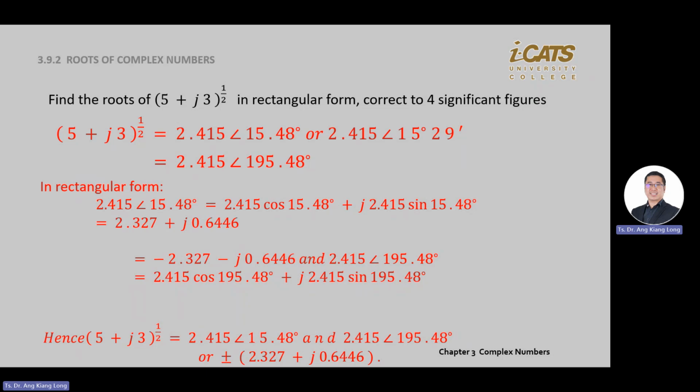So tangent theta equal to 3 over 5. So theta equal to tangent inverse of 3 over 5. So tangent inverse of 3 over 5 is 15.48. Then if it is asking to find roots, it means 180. So from here to here.